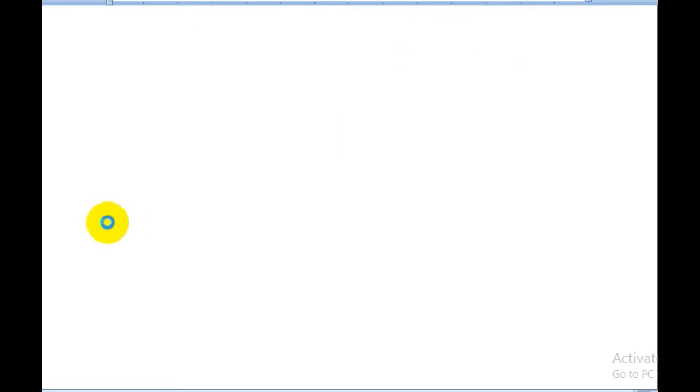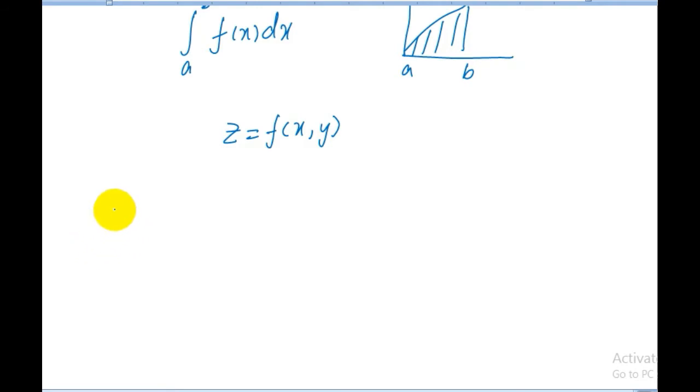The notation for double integral is double integration over the region R f of x y dA. Here R is the region in the xy plane over which f of x y is to be integrated.